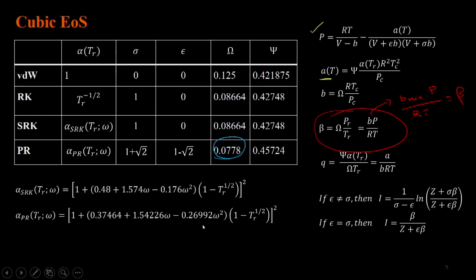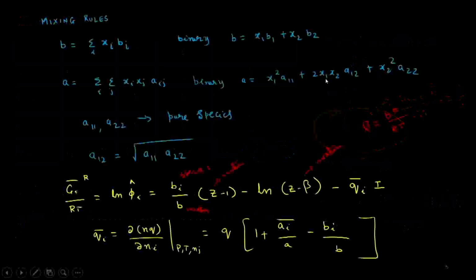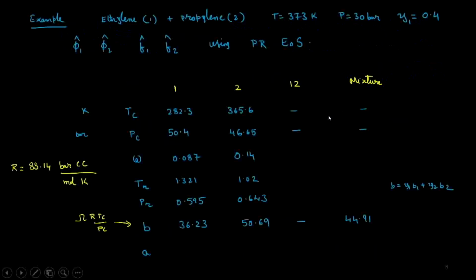Once I have the reduced temperature and omega, I can calculate alpha. I will plug that alpha in here. The psi for Peng-Robinson is given here. I get alpha from the equation here, and r squared Tc squared over Pc, everything else is known. So once I finish that calculation, this is the number I have for A.